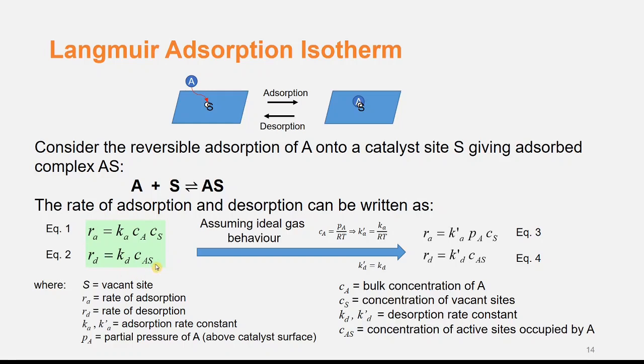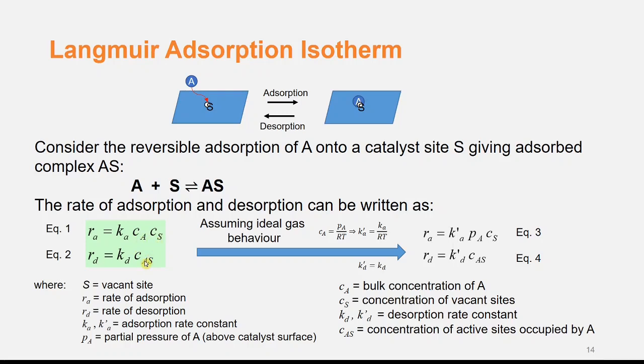But if we have a gas phase, it is more convenient to express the composition of the gas phase using partial pressure. We can convert concentration to partial pressure using the ideal gas law. A common mistake that students make is converting all of the concentrations to partial pressure.